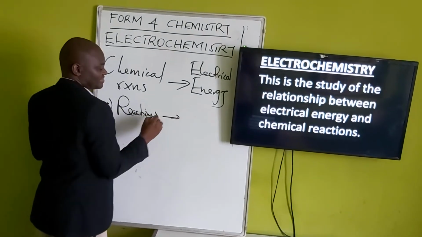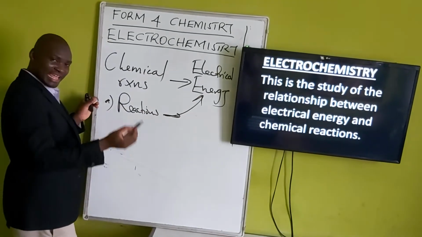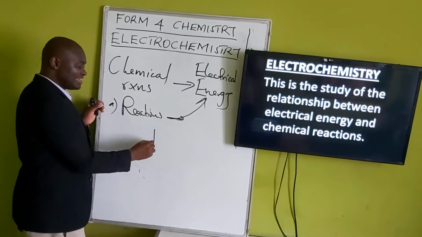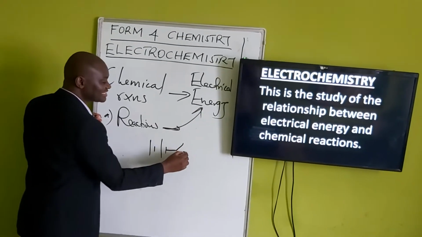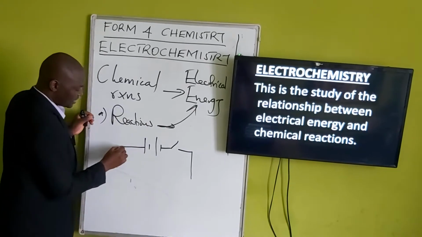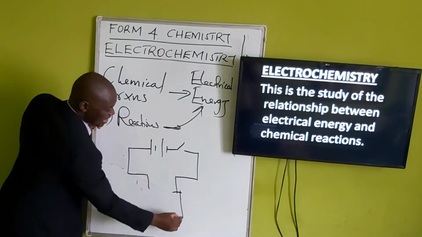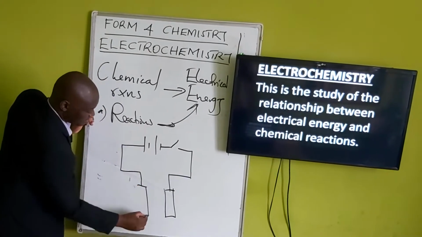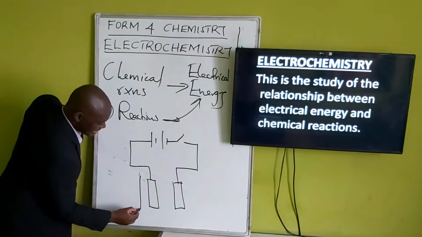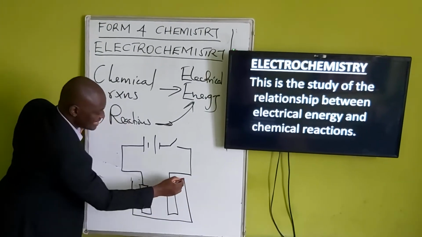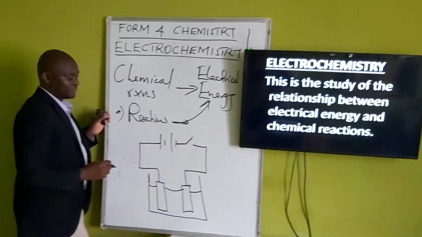that give electrical energy. Like, for example, in Form 2, we dealt with electrolytic cells. And if you can recall, we had a setup of this nature in Form 2.